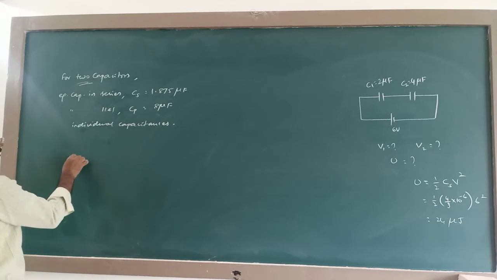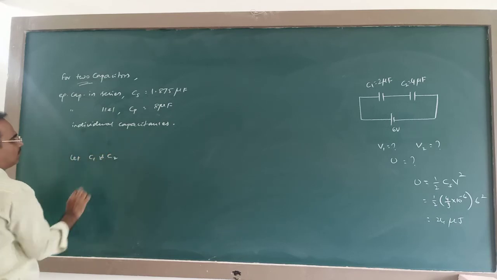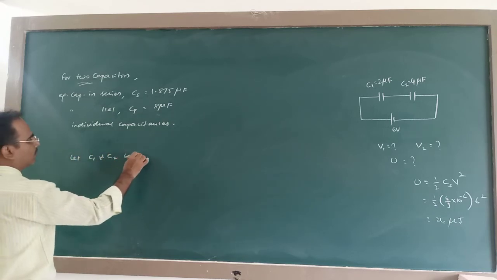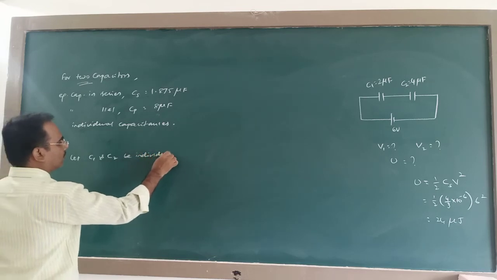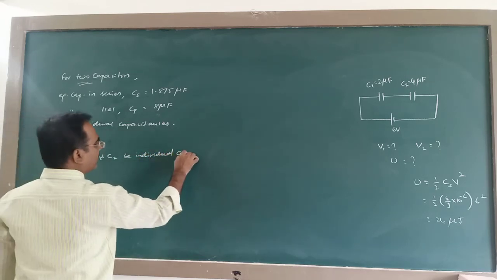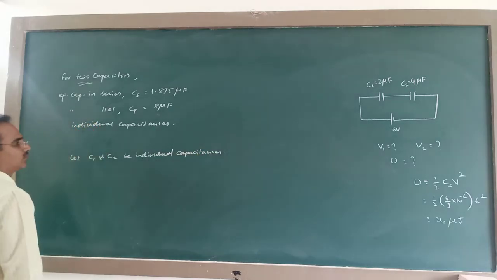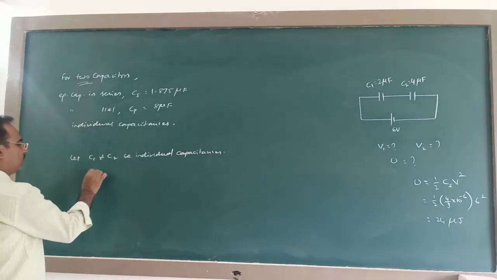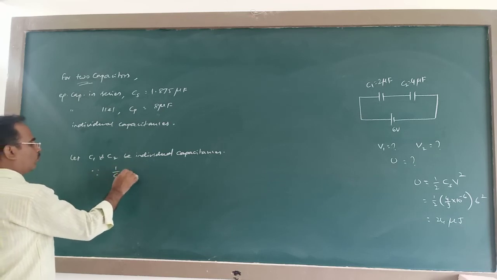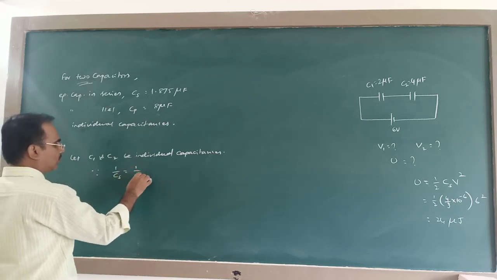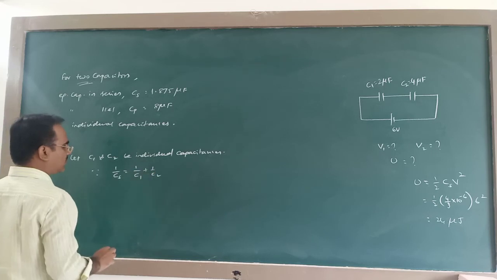So first we assume that let C1 and C2 be individual capacitances. Therefore, 1 by Cs is equal to 1 by C1 plus 1 by C2.